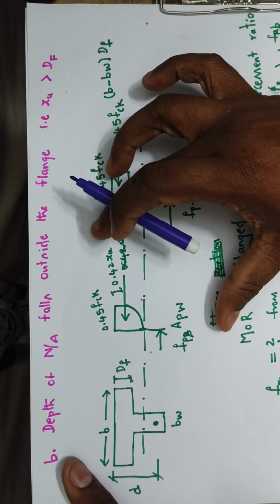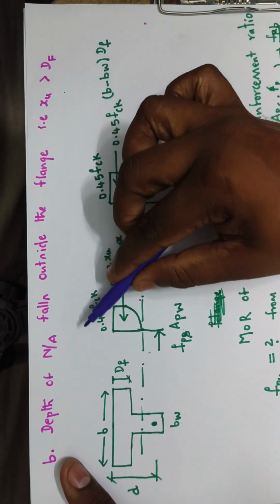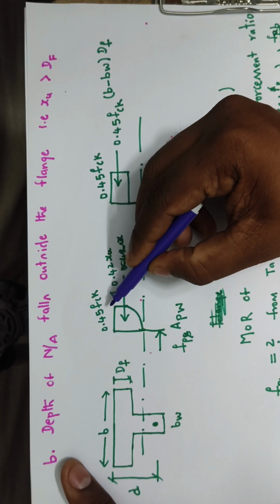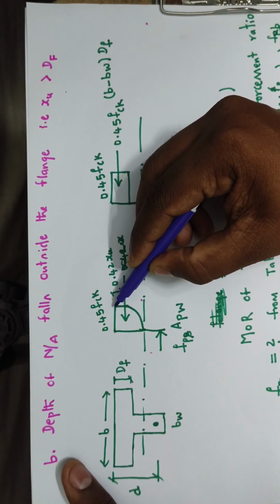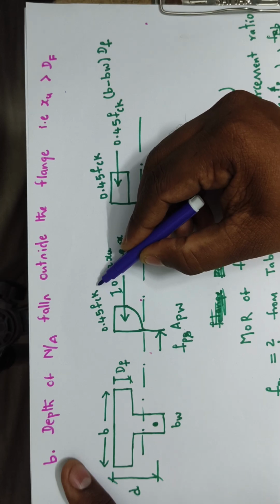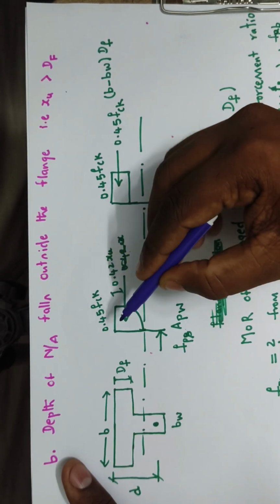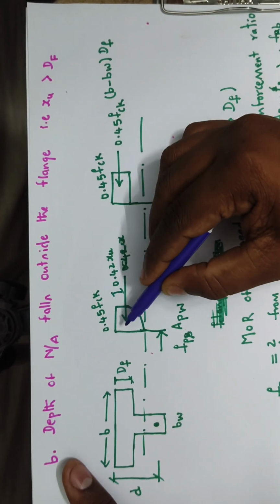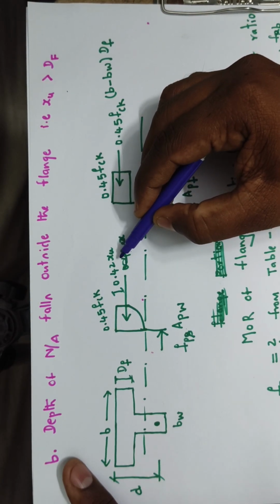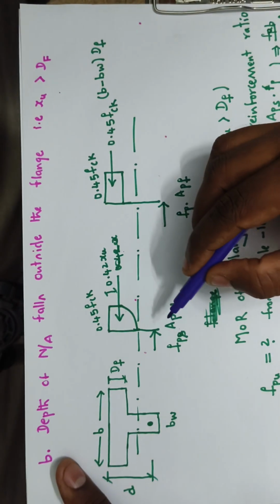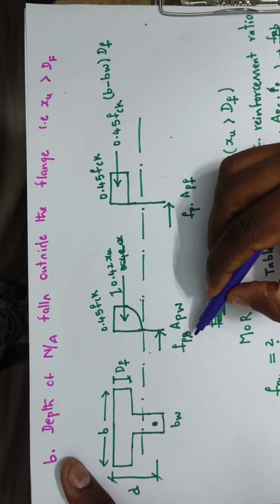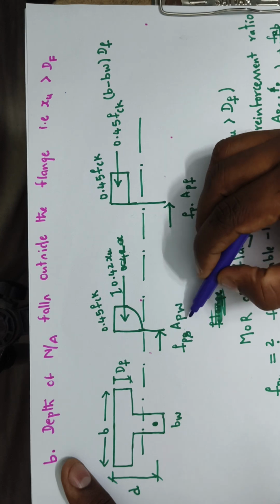In the earlier case, we discussed this stress block diagram where the outermost compression fiber has a stress of 0.45 fck, and the total compressive force will act at a distance of 0.42 xu, and the total tensile force is fps into area of prestressing steel.